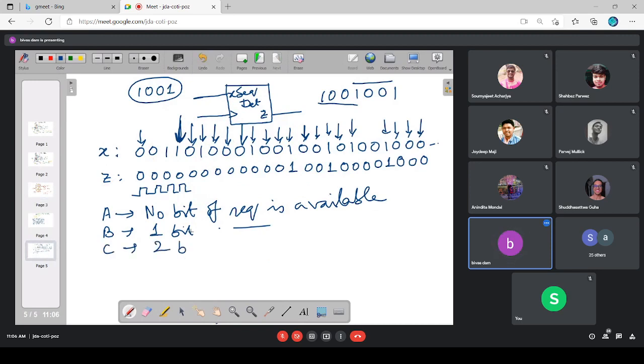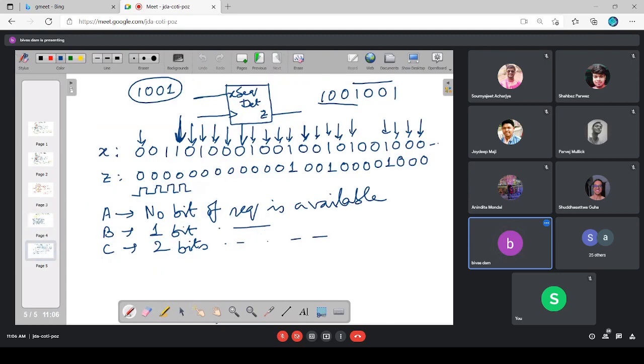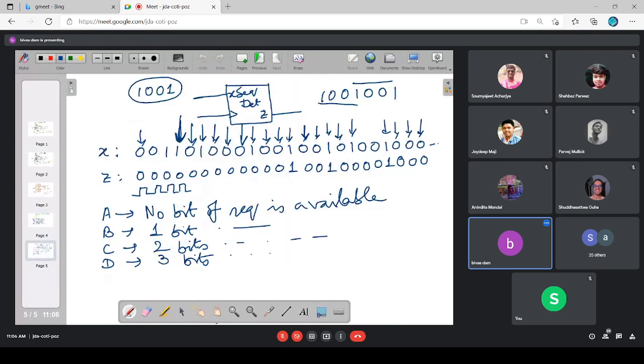C, 2 bits. And so on, up to sequence complete. Okay, so these are the 5 possible histories.